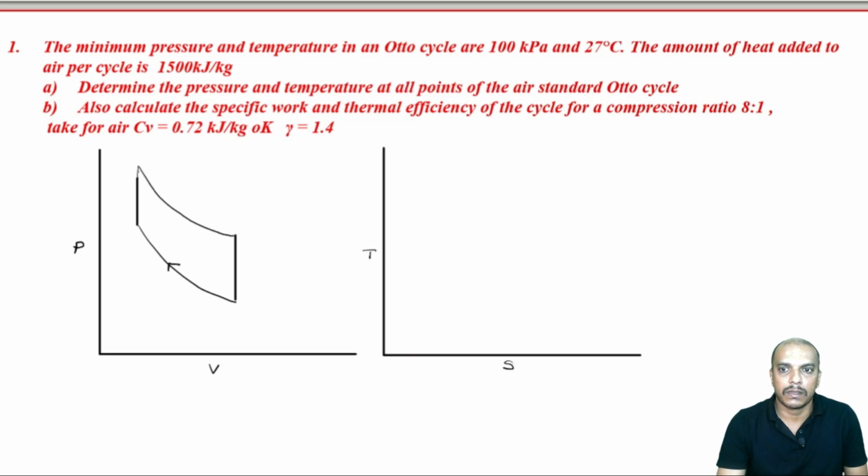So, this is our 1, 2, 3 and 4. 2 to 3 is where we are adding heat, 4 to 1 is where we are rejecting heat. Similarly, on the TS plot, we have constant volume and isentropic processes represented like this.